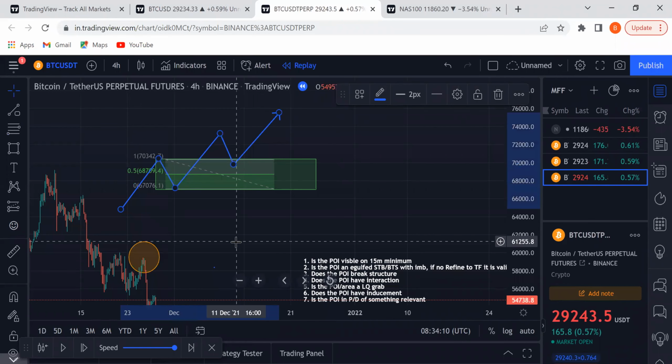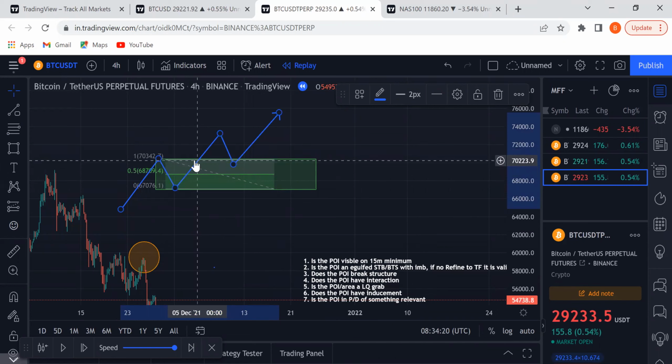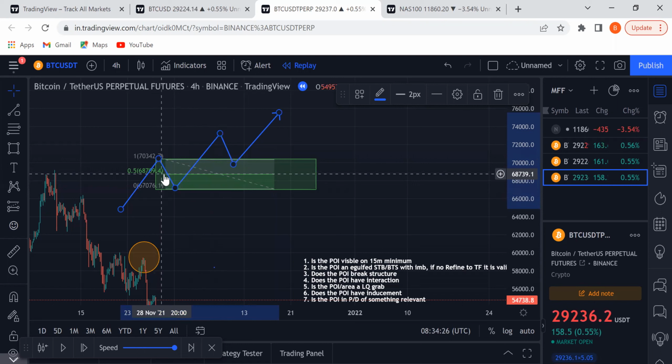So these are the only 3 things we put on. Now, this point here is the neutral price, like fair price. The top is the premium, the bottom is the discount.